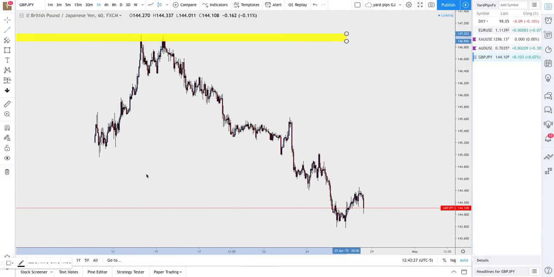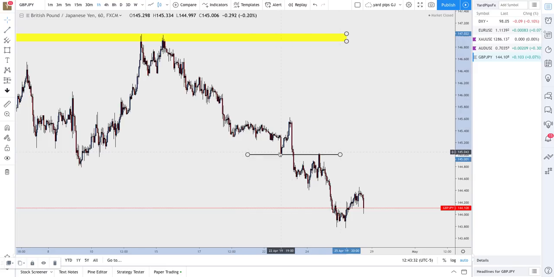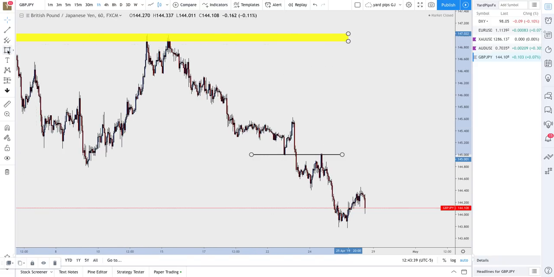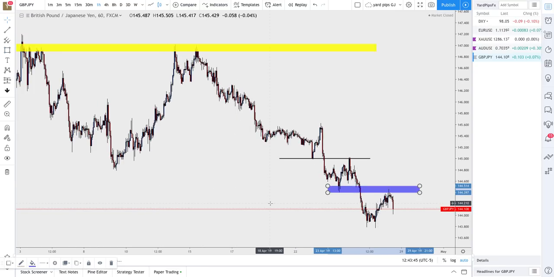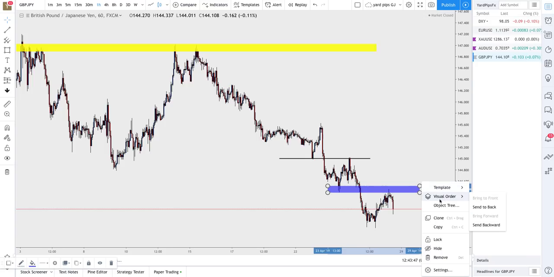I think there are like 3 of them. So we had one right here, past support, future resistance. There was another right here also, past demand, future supply.